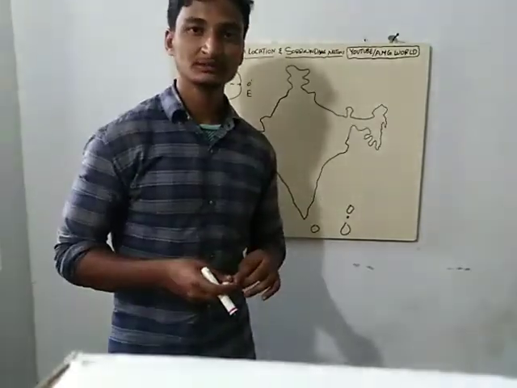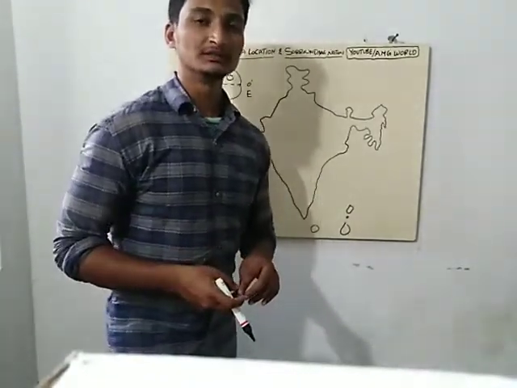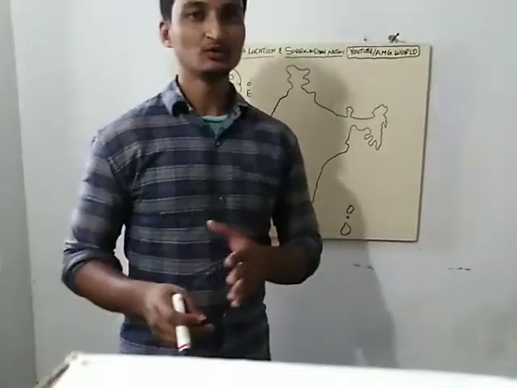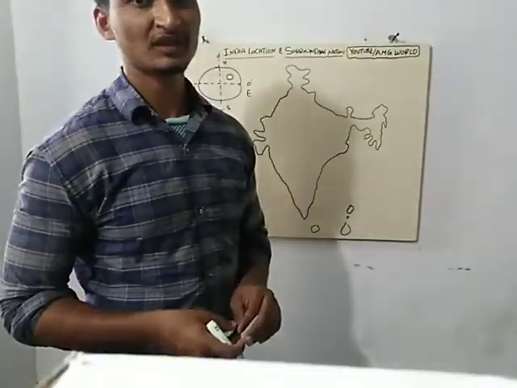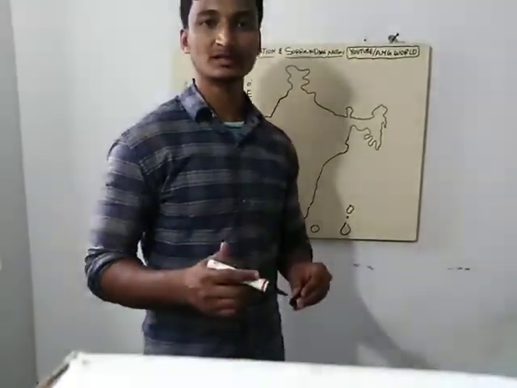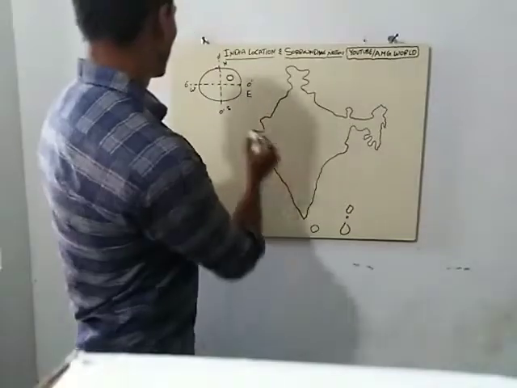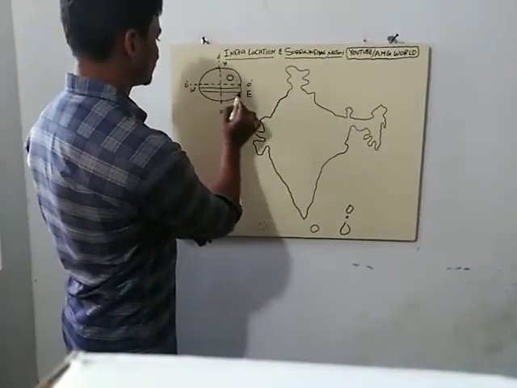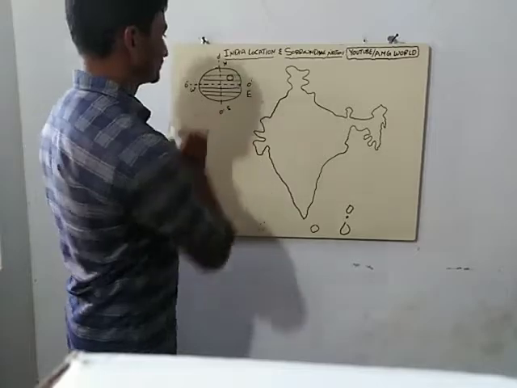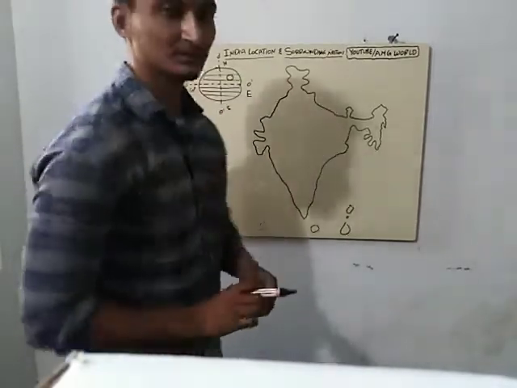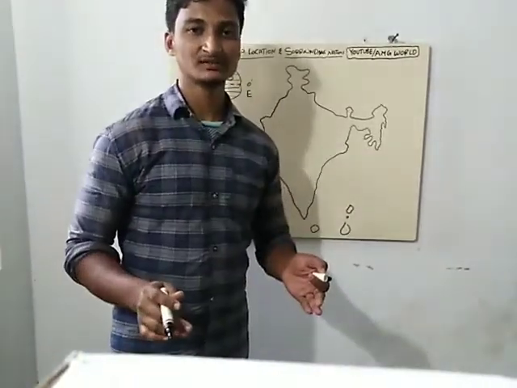Before going to that, we should know what latitudes are and what longitudes are. Latitudes are the lines which are drawn horizontally on the globe. These are imaginary lines.